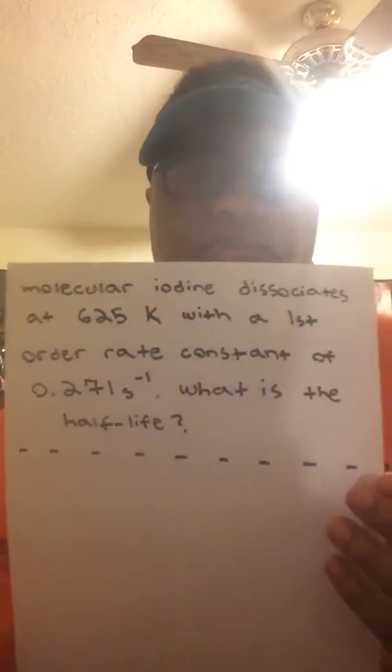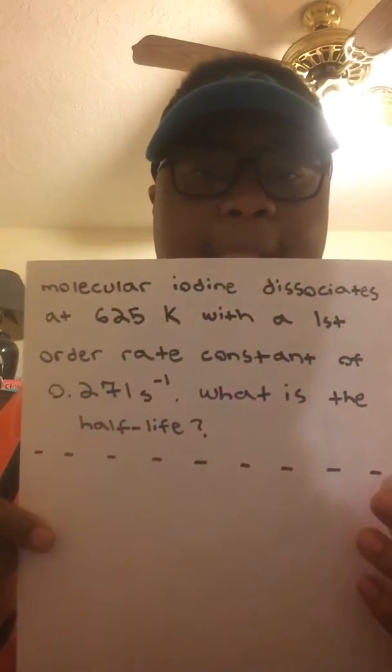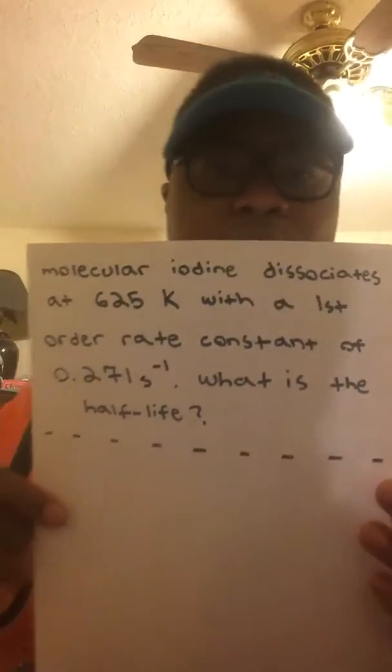Okay. You can see it. Right when you read this problem, once you see first order rate constant, an alarm should go off in your head to use the formula for the first order rate constant.